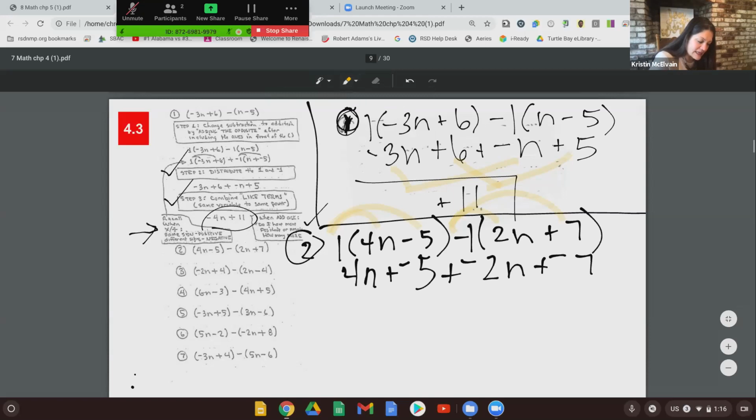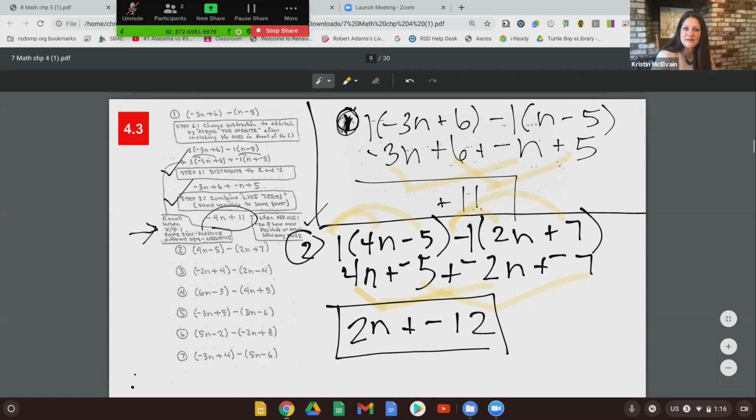Combine like terms. So here's ours with an n, and here's our numbers on their own. Gives us 4n and a negative 2n gives me 2n plus negative 5 and a negative 7, negative 12. Right? That's number 2.